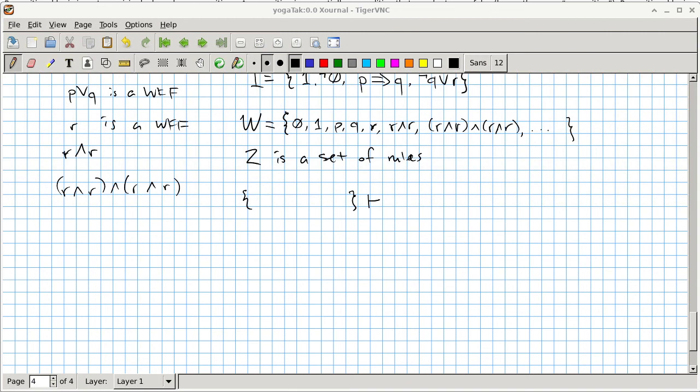This symbol here that looks like a T rotated counterclockwise 90 degrees is called infers. We have a set on the left-hand side and an expression on the right-hand side. The left-hand side is a set of expressions using the Greek letters, and the right-hand side is a single well-formed formula using the Greek letters. That's generally how a production looks.